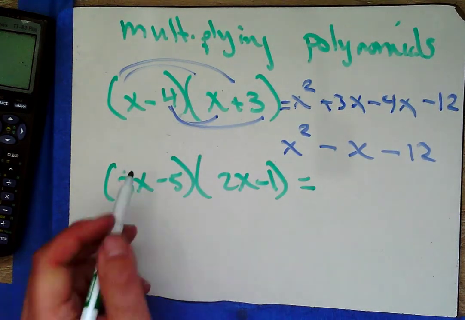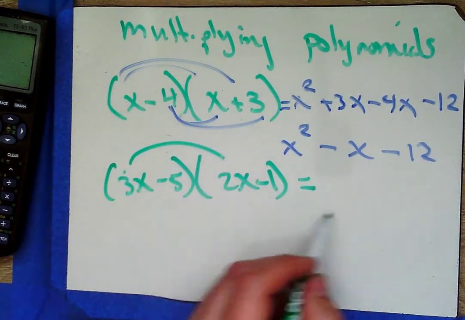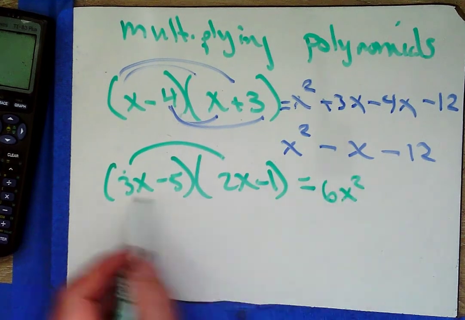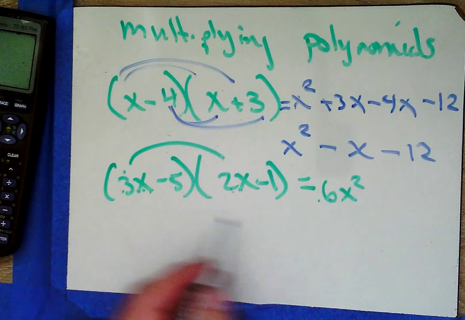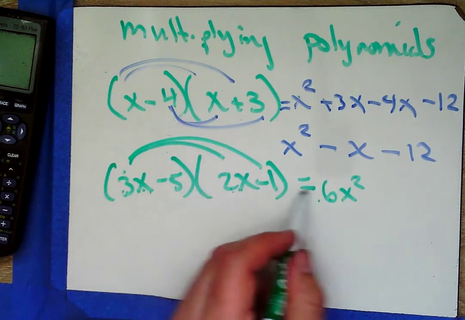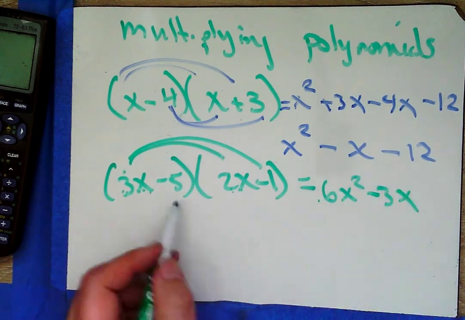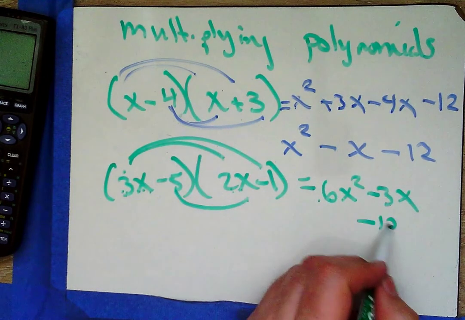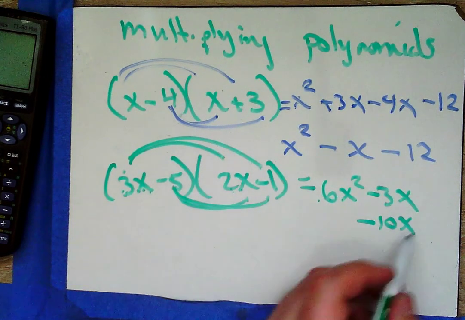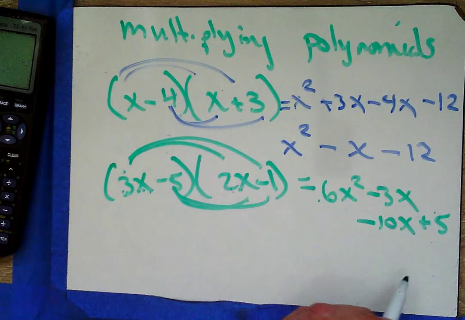Okay, welcome back. So I know that this is going to be 6x squared, because 3x times 2x, 3 times 2 is 6, and x times x is x squared. Then I have 3x times negative 1, which is minus 3x. Then I have negative 5 times 2x, which is negative 10x. And negative 5 times negative 1 is plus 5.